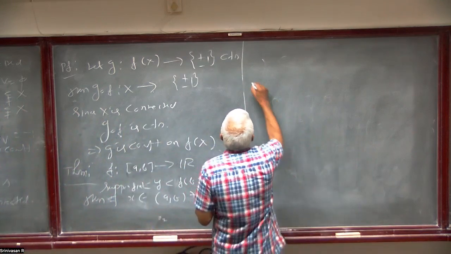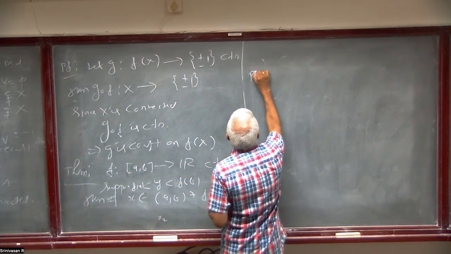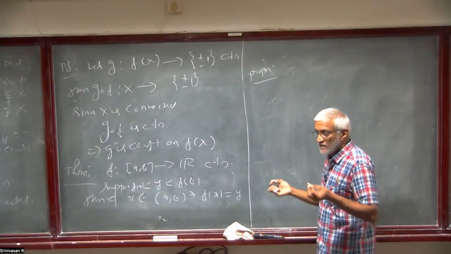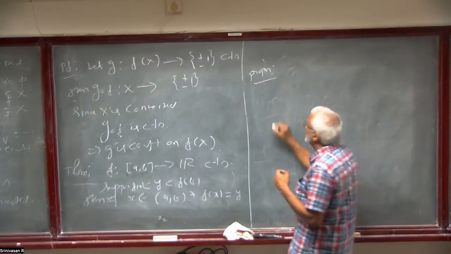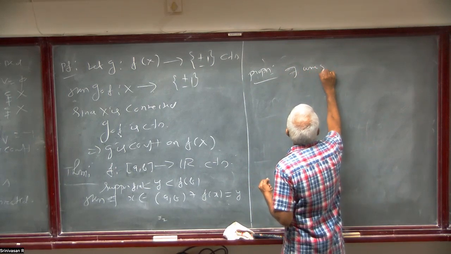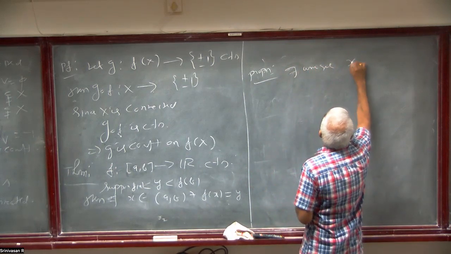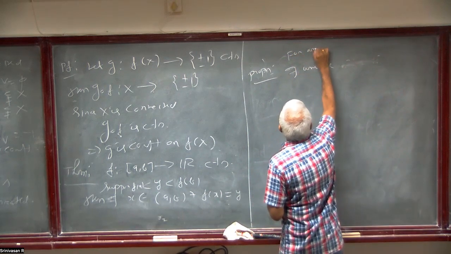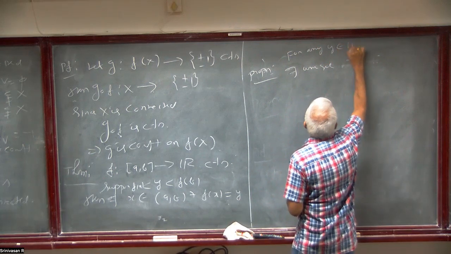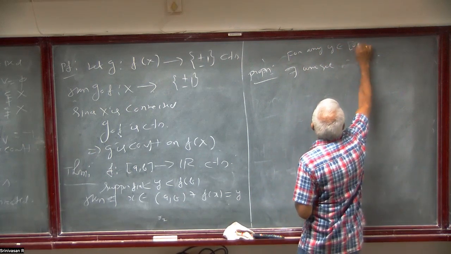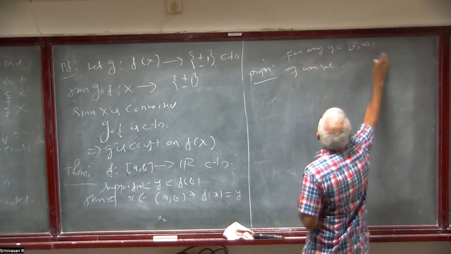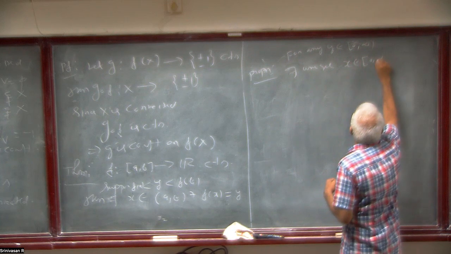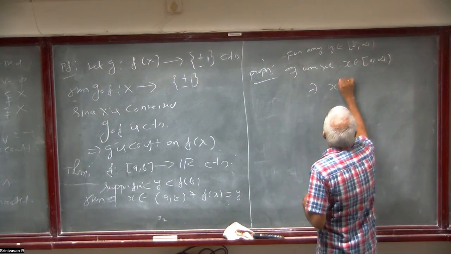For example, this is the application, this is the proposition: for any y in (0, infinity), there exists a unique x in (0, infinity) such that x to the power n equals y.